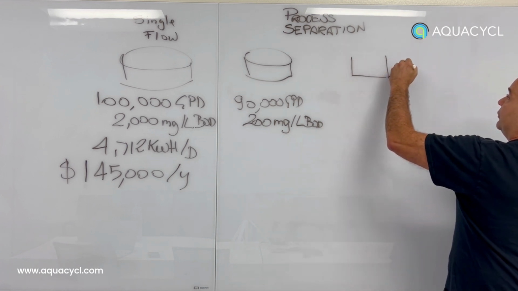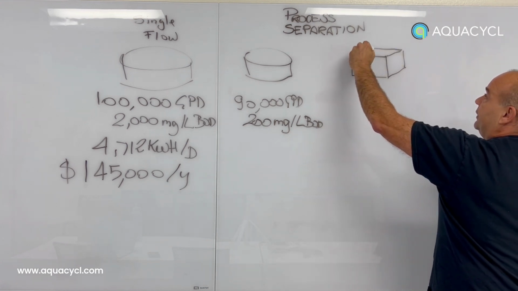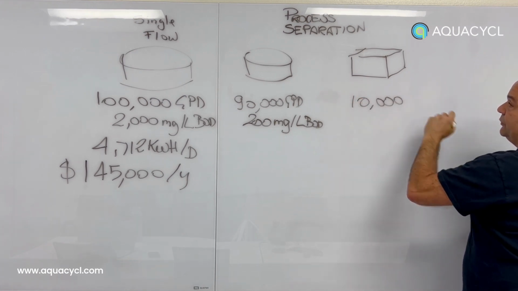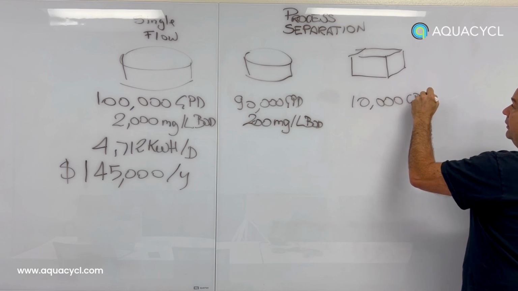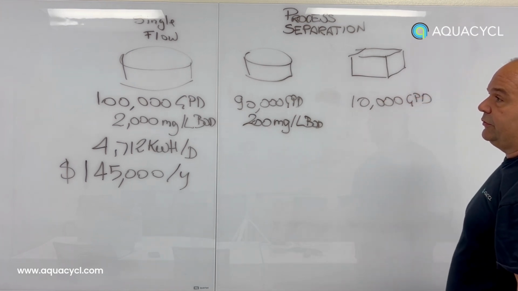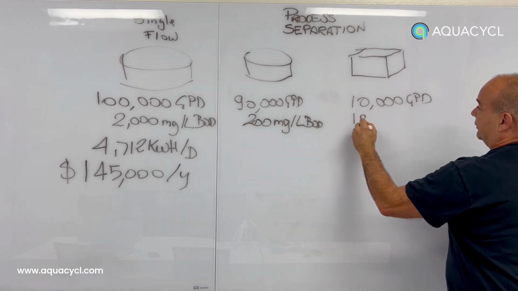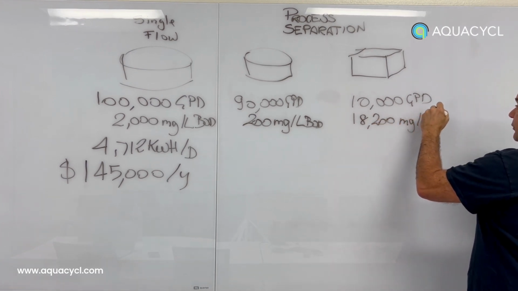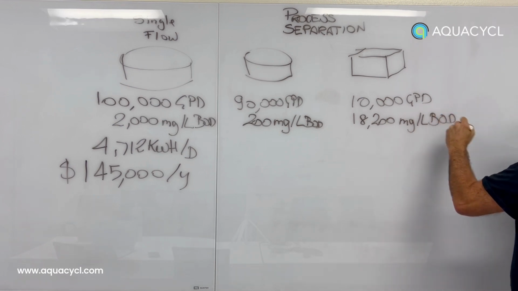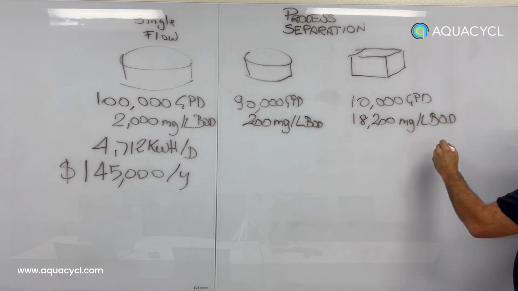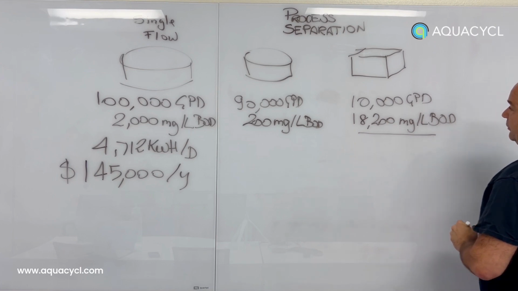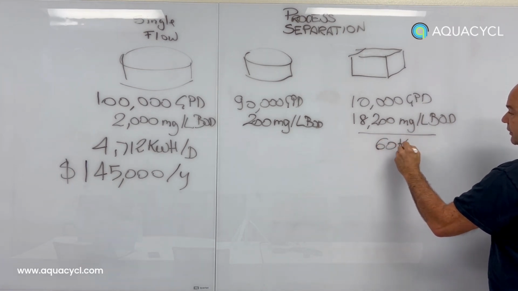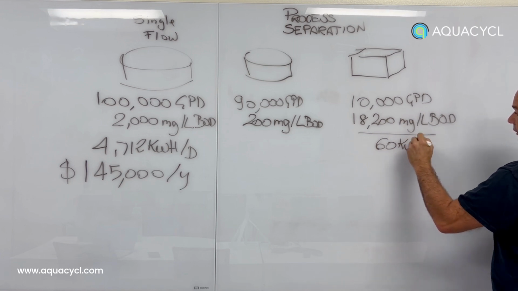That could go through our containerized system, and that would be the complement of the 90,000, which is 10,000 gallons per day, with a concentration of 18,200 milligrams per liter of BOD. To treat that water in our system, it would require only 16 kilowatt hours per day.